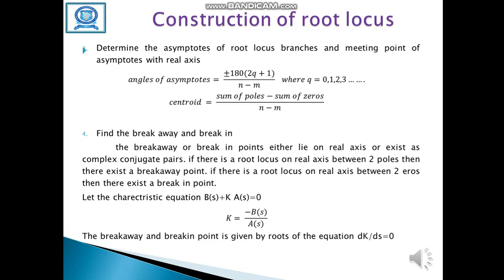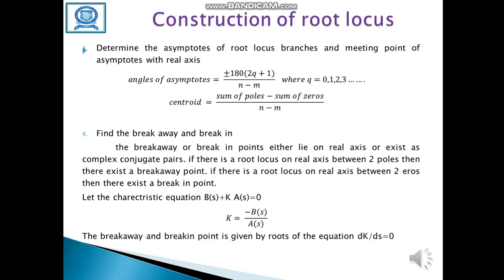Fourth, find the breakaway and break-in points. The breakaway and break-in points either lie on the real axis or exist as a complex conjugate pair. If there is a root locus on the real axis between two poles, then there exists a breakaway point. If there is a root locus on the real axis between two zeros, then there exists a break-in point.